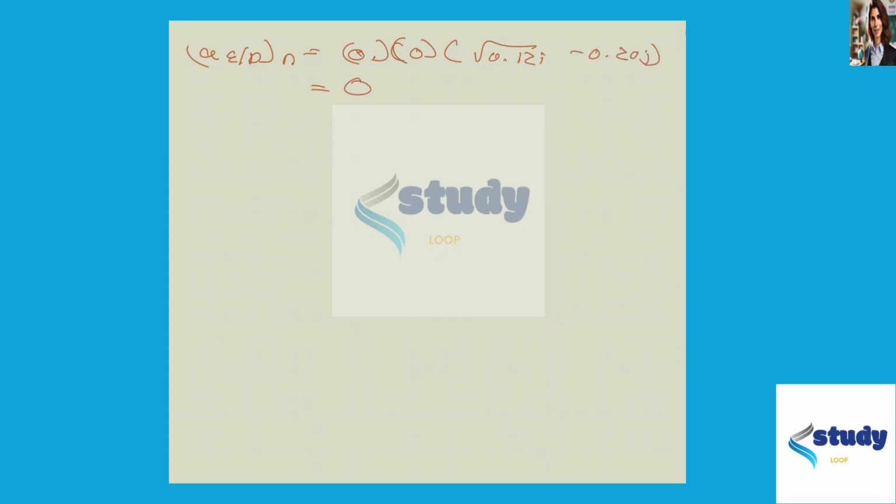So this will equal 0, and AEDT will be equal to, and this will be equal to 0.